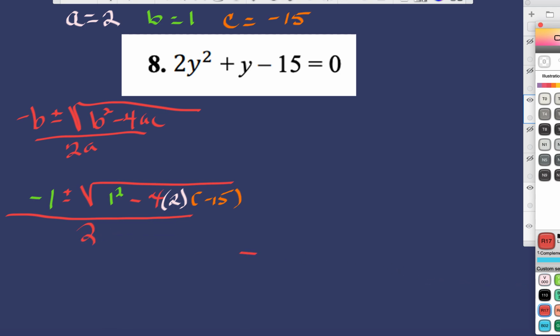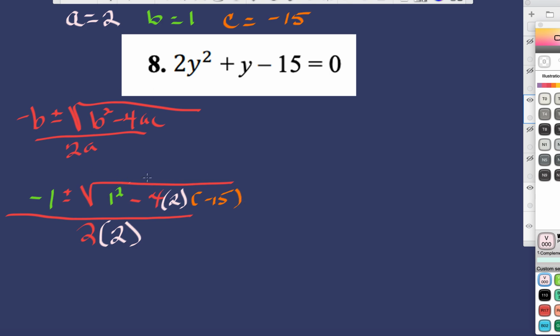Whoops. Sorry about that. Times 2. Doesn't look like we're going to have a perfect square in here, does it? Well, I guess we're going to have to figure out how that's going to work. If I have a calculator handy, I'm going to need it.